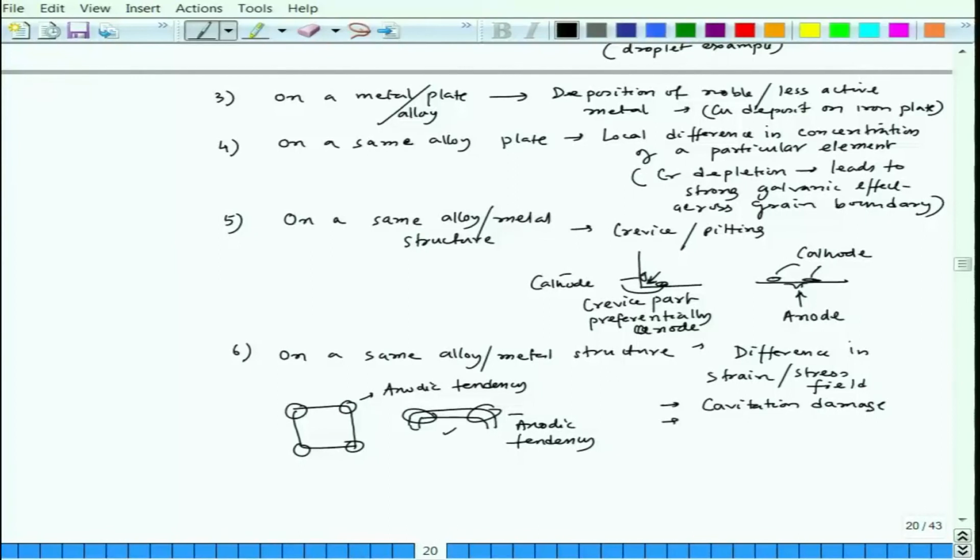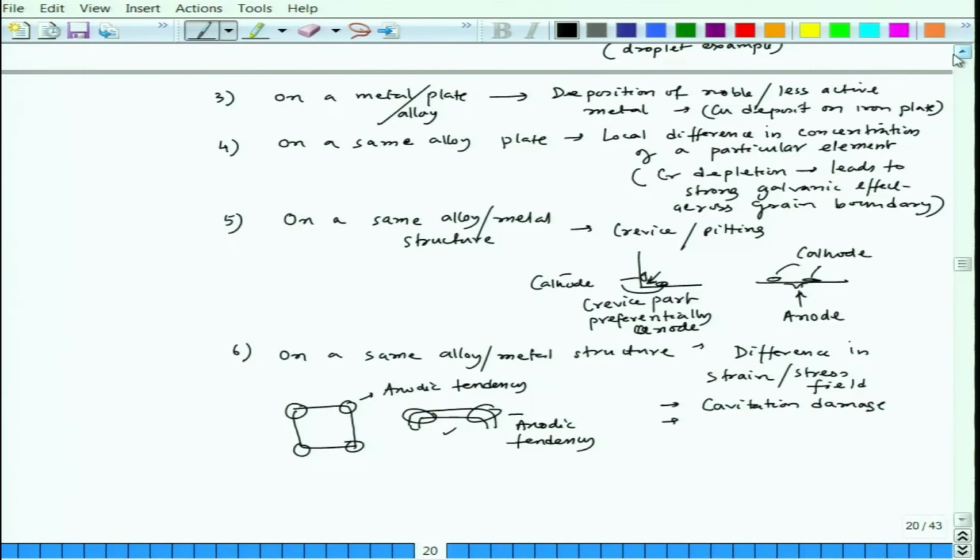We will discuss more on this as we go ahead, but at least you should appreciate that whenever we talk about galvanic corrosion, definition-wise it is not only two different metals or alloys which are electrically connected and exposed to an electrolyte, but you can have that galvanic effect because of other reasons without having two different metal contacts.